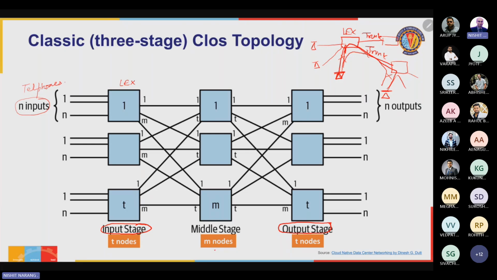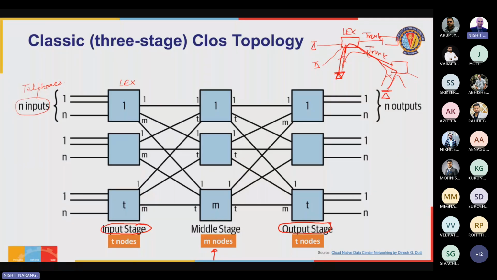And think of the middle stage as some intermediary telephony switches, which are just trying to connect the input stage to the output stage. Okay, so creating a connectivity network between the local exchanges on the input side and the local exchanges on the output side. That's what the middle stage is trying to do.